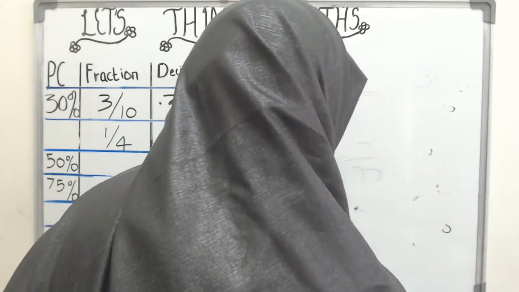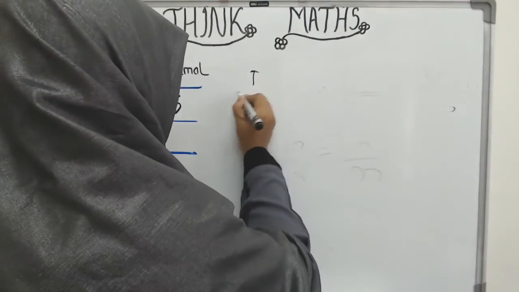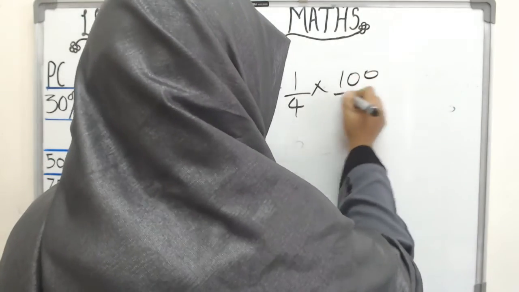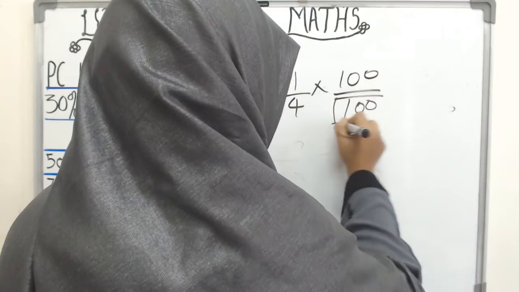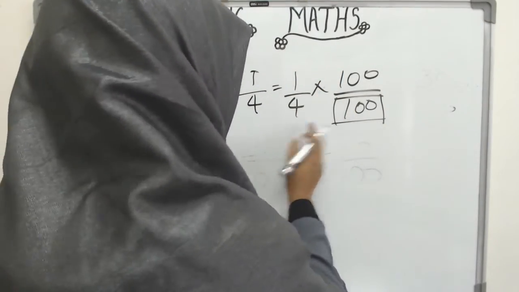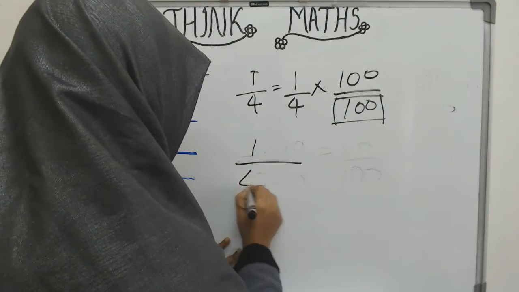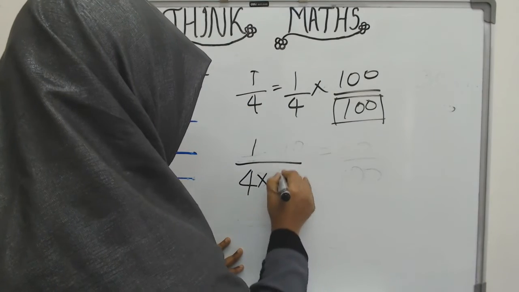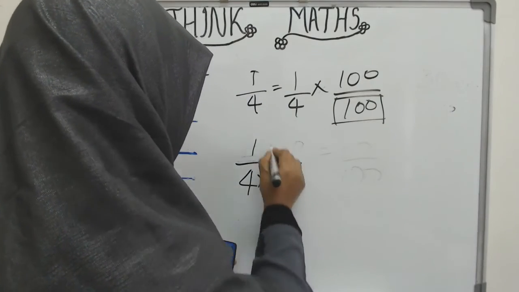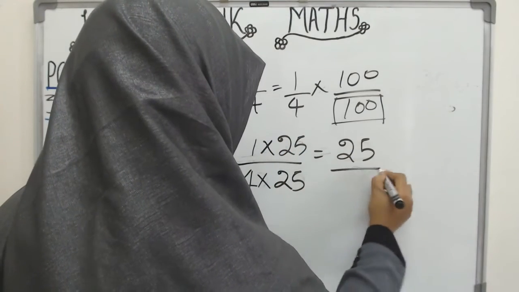The same thing. How do we convert a fraction into a decimal? Usually we do it by multiplying it with 100 by 100. Then we do not touch this, we leave this as it is and just divide 100 by 4. But then 4 is also a factor of 100, isn't it? So won't it be easy to just do it like this? Sorry, it's 25. 4 into 25 into 25. So that would be 25 by 100.